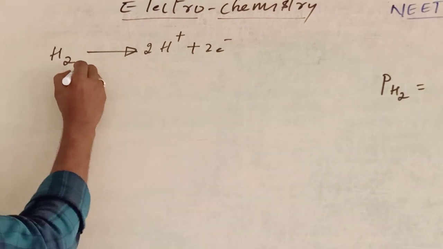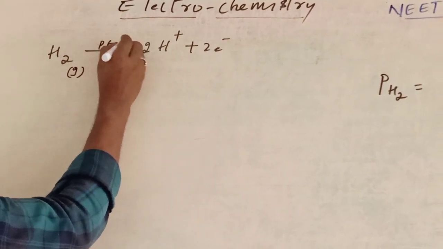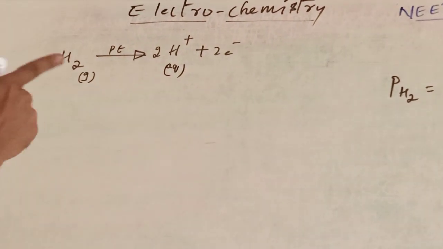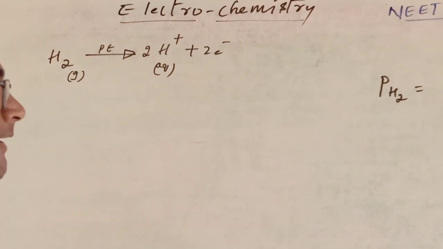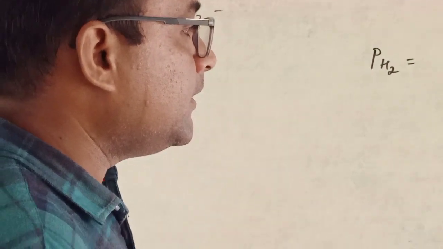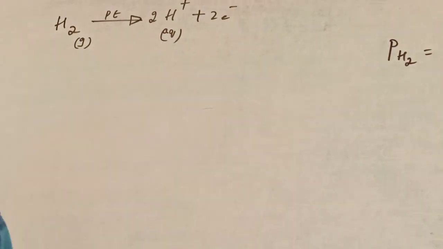This is gas, in presence of platinum; this is aqueous. We need to find out the pressure of hydrogen gas.